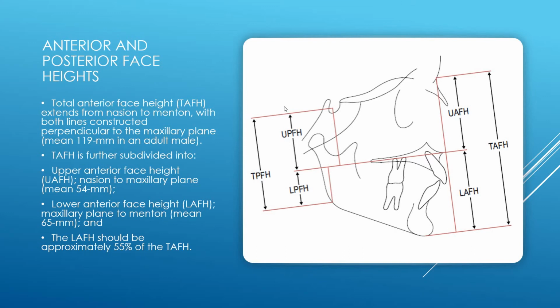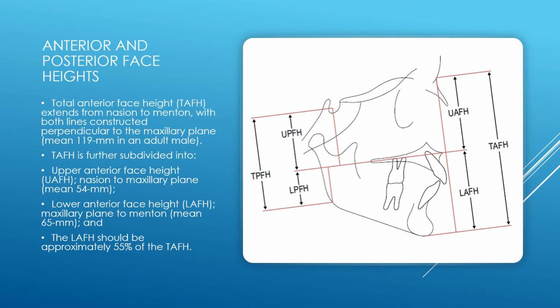Then we evaluate the total posterior face height, which extends from sella to gonion, with both lines constructed perpendicular to the maxillary plane. And the maxillary plane goes through anterior nasal spine and posterior nasal spine. Upper posterior face height extends from sella to maxillary plane, and the average mean is about 46 millimeters.